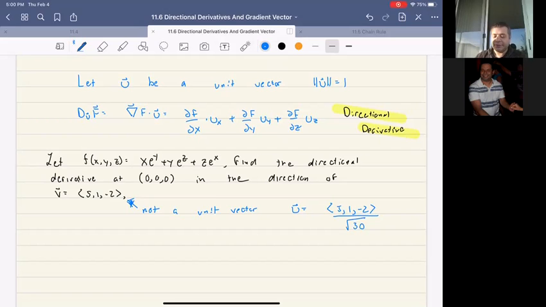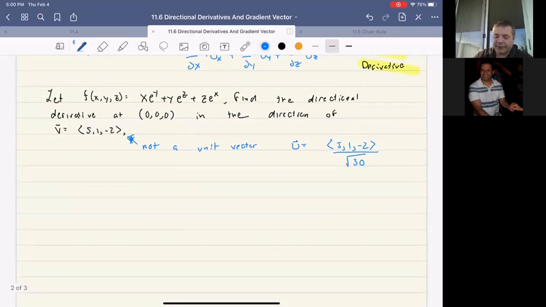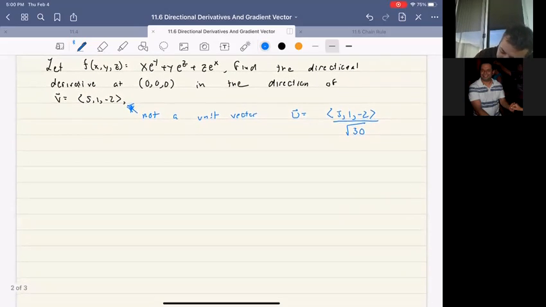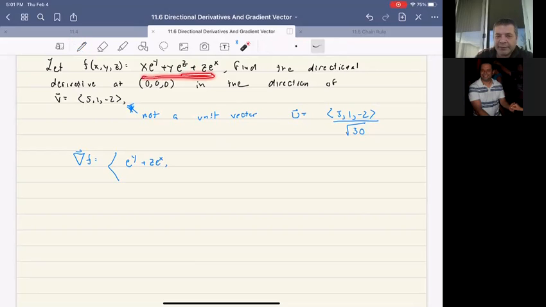Okay? So now we're going to take the gradient of f. The partial of this f with respect to x is going to be what? E to the y plus z e to the x. That's the derivative with respect to x here.